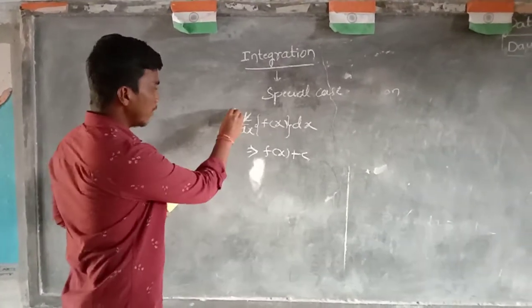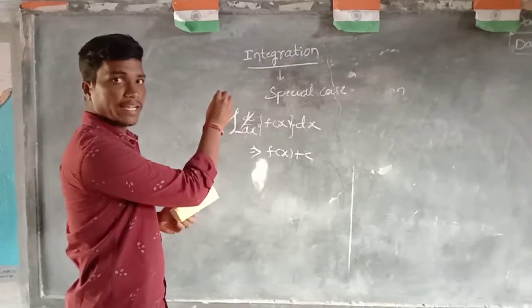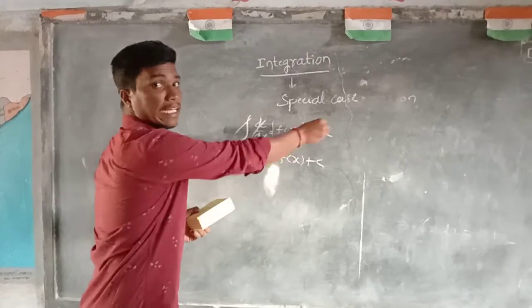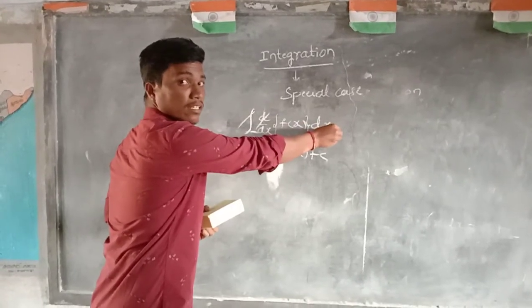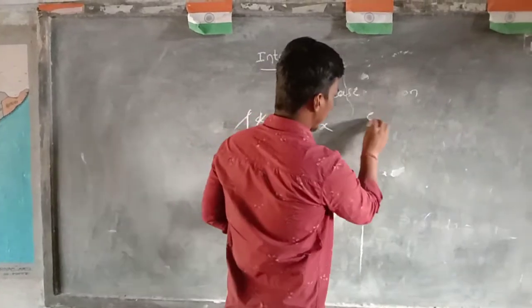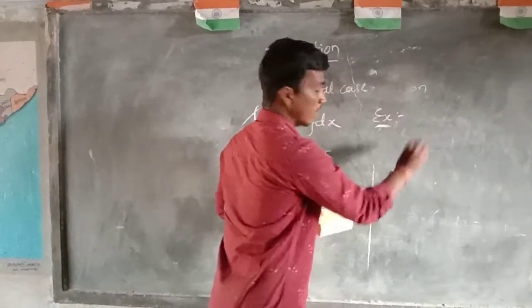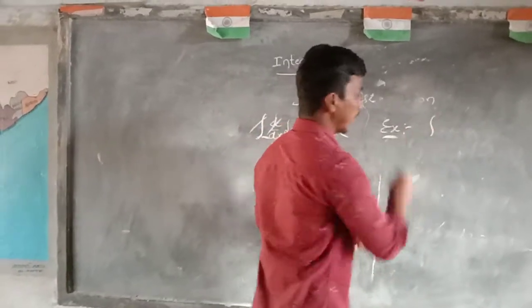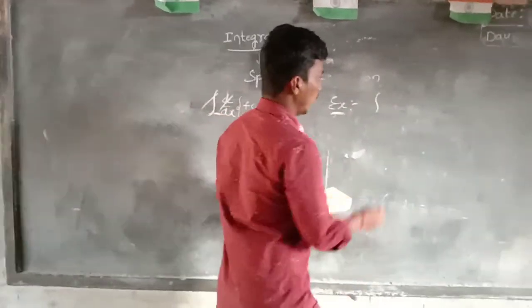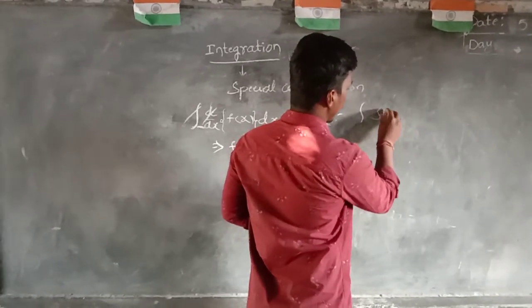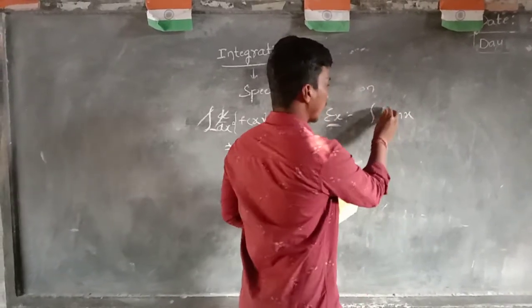When we write integration and differentiation of some function with respect to x at a time, that is the derivative of the antiderivative. For example, integration of the derivative of sin x.